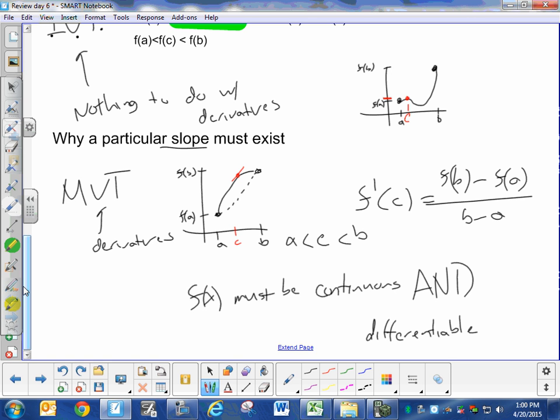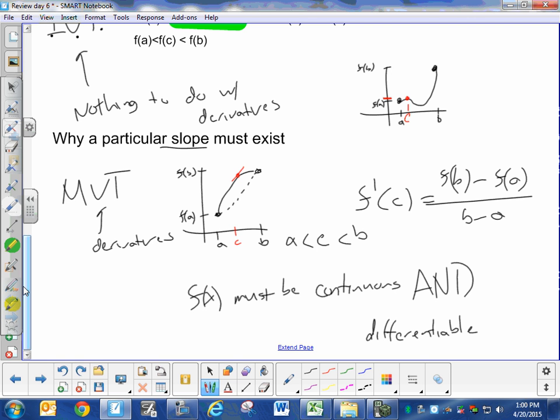Is there a time at which the derivative of c equals 2? Well, if you found the slope between t equals 2 and t equals 4, you'd find the slope between those 2 points is 2. Since the slope is 2, and since you are told that the function is twice differentiable, that means it's continuous and differentiable, so the mean value theorem applies.